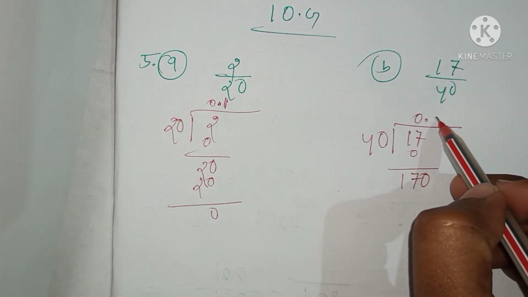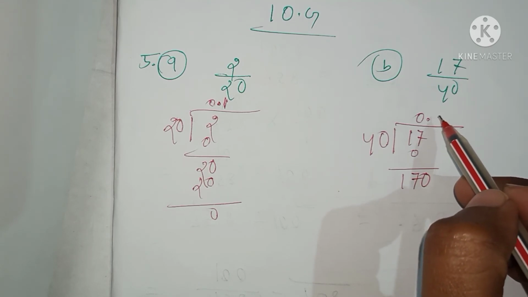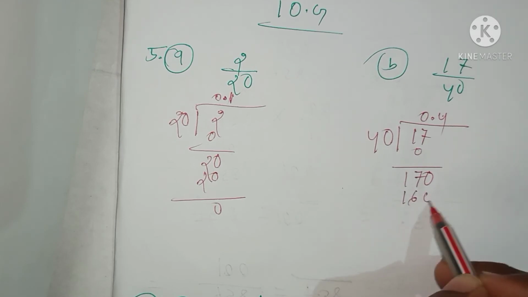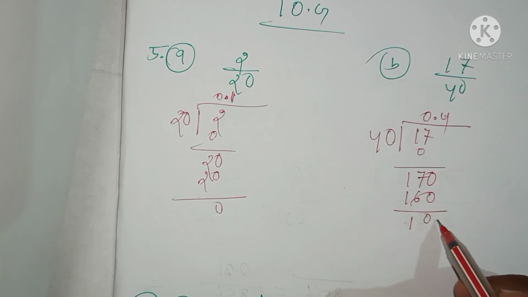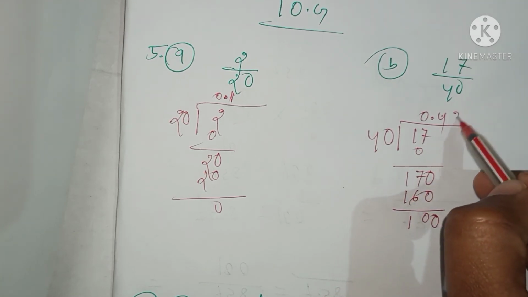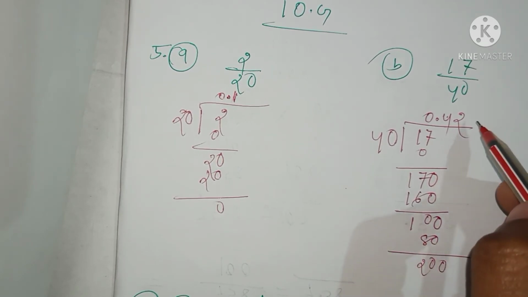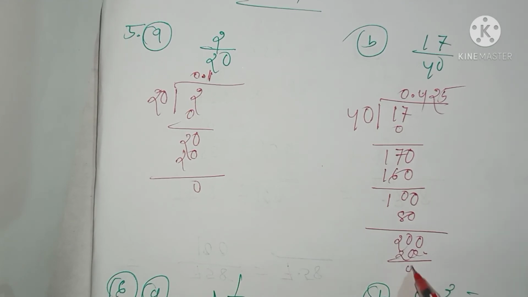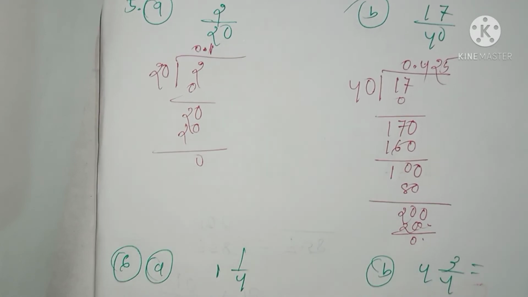Here 4 2s are 80, 4 3s are 120, 4 4s are 160. So 0 1 is here. Then 1 0 will be brought down, 100. Then this one will be 40 into 2 is 80. This one is 20. 1 0 will be brought down. So 40 into 5 equals 200. So the answer is 0.425. Is it clear to all of you?